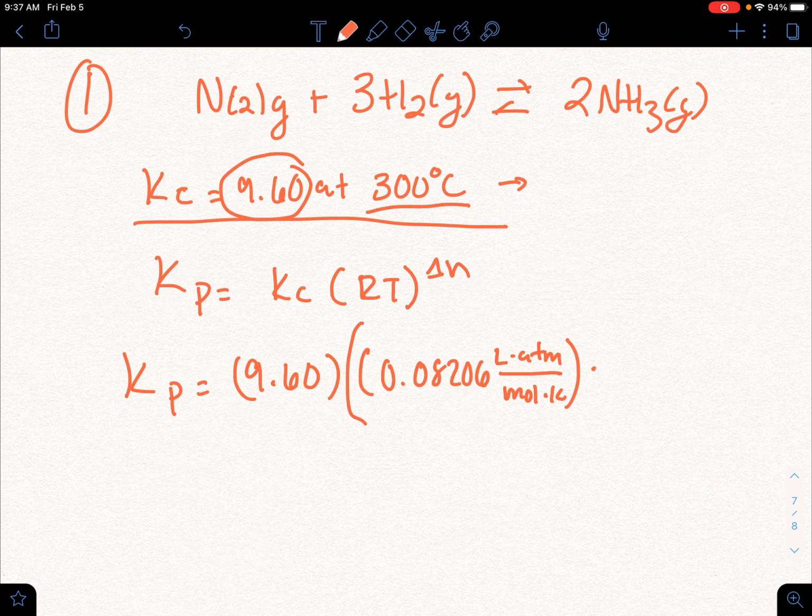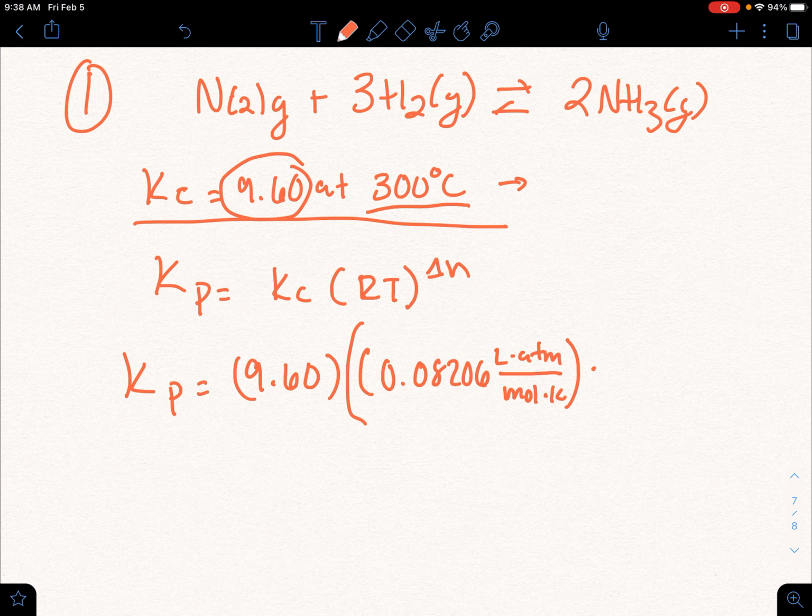To go from Celsius to Kelvin, you have to add 273.15, I think. Yeah, 273.15, I believe.